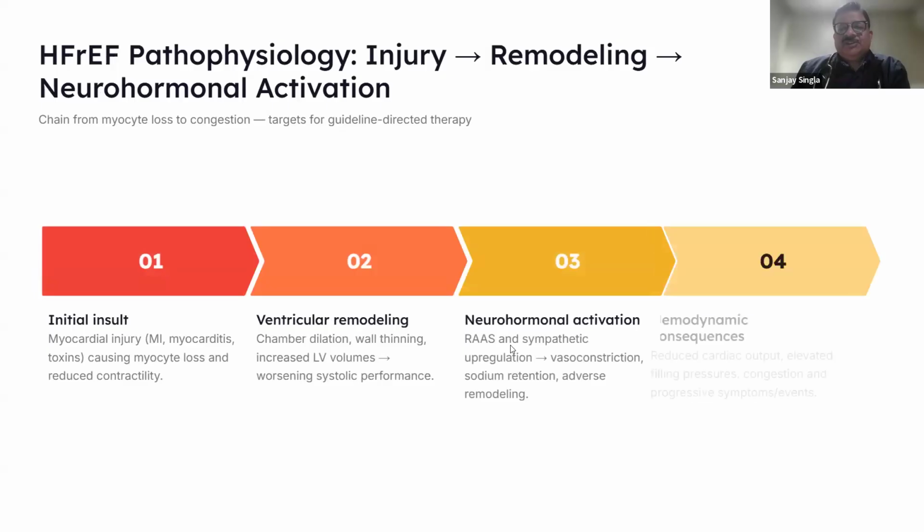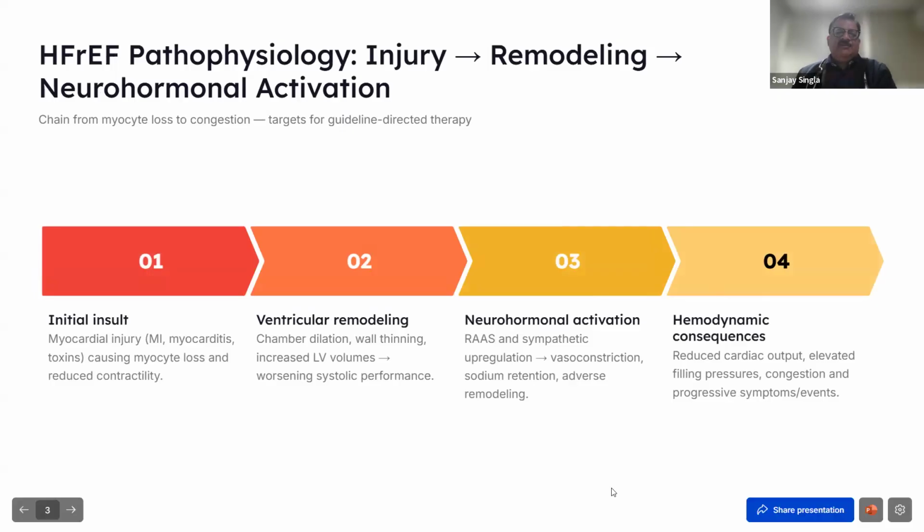So, what are the various causes of heart failure with reduced ejection fraction? There are a number of causes, but the first may be MI, myocarditis, or toxins, which cause myocyte loss and reduced contractility. Reduced contractility is the main cause of HFrEF, because when contractility reduces, the ejection fraction reduces, and the patient goes into HFrEF.